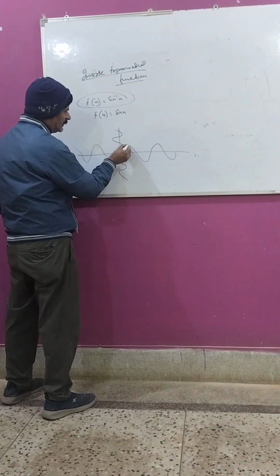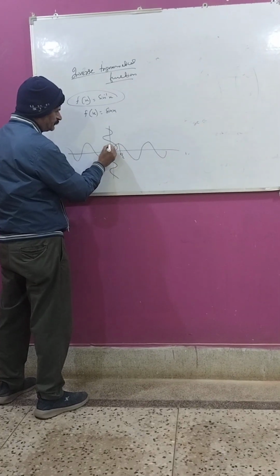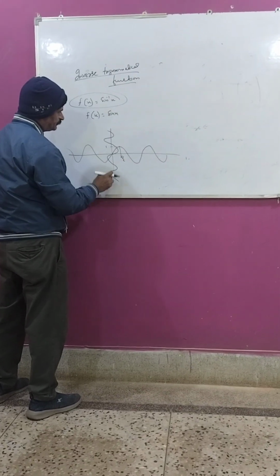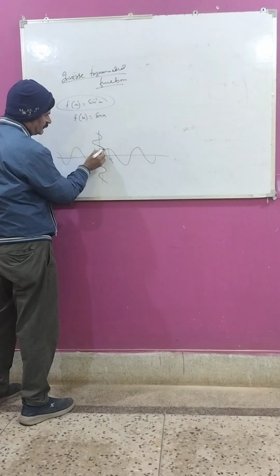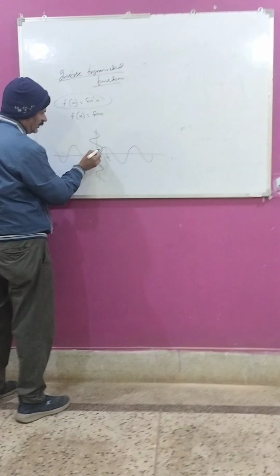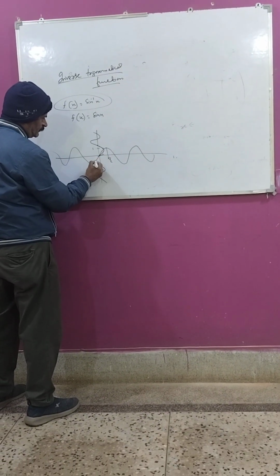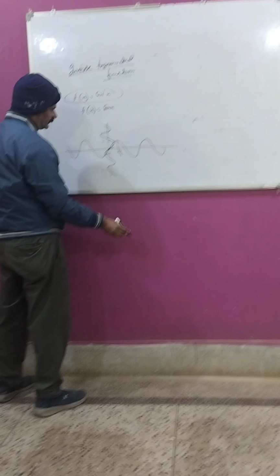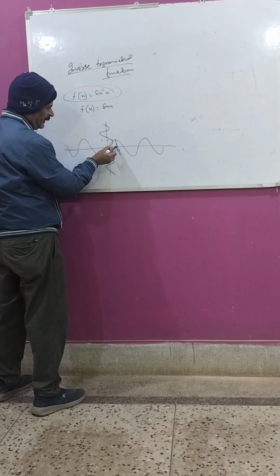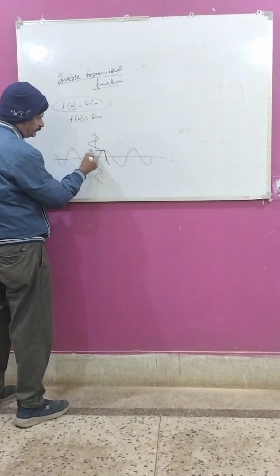But at pi by 2, the value is 1. So if you are drawing this, it should be drawn like this. Now see here, in sin x, when x equals pi by 2, we are getting the value 1.